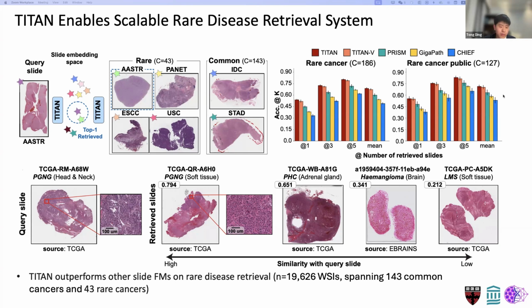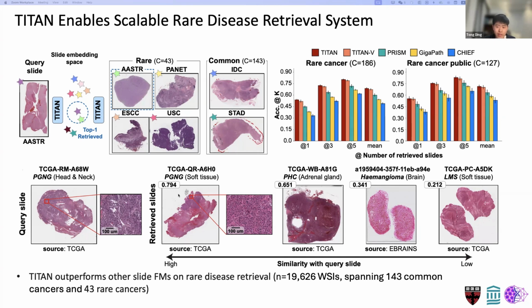And it also gives us some very interesting clinical findings here. As shown here, we use a paraganglioma as an example. While retrieving from the large database of these 19,000 slides, the highest similarity score is achieved from another PGNG slide.